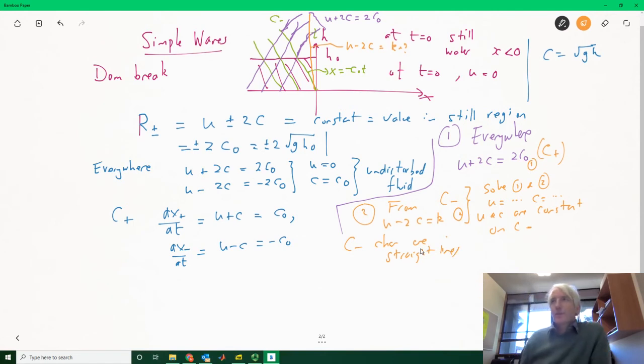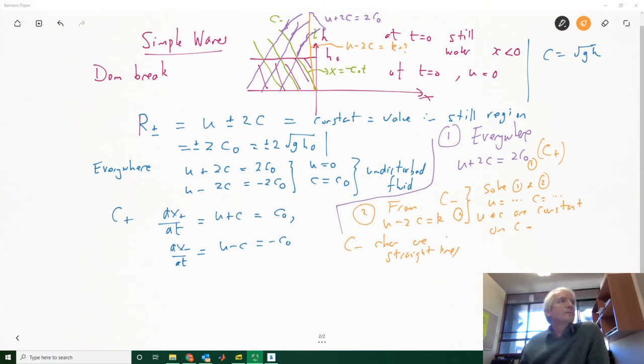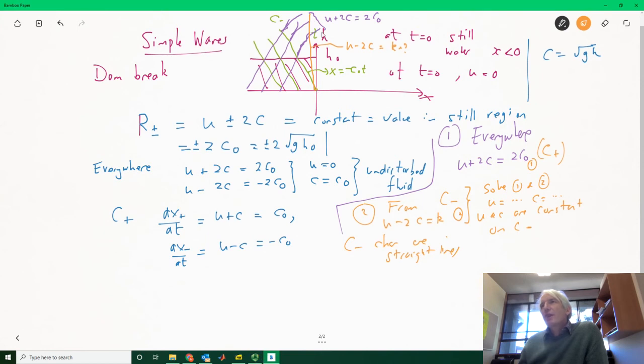Okay, we're almost ready to finish here. So these minus characteristics start to bend over, and the only way that can happen is if they start at the origin. So they are straight lines which start at the origin.